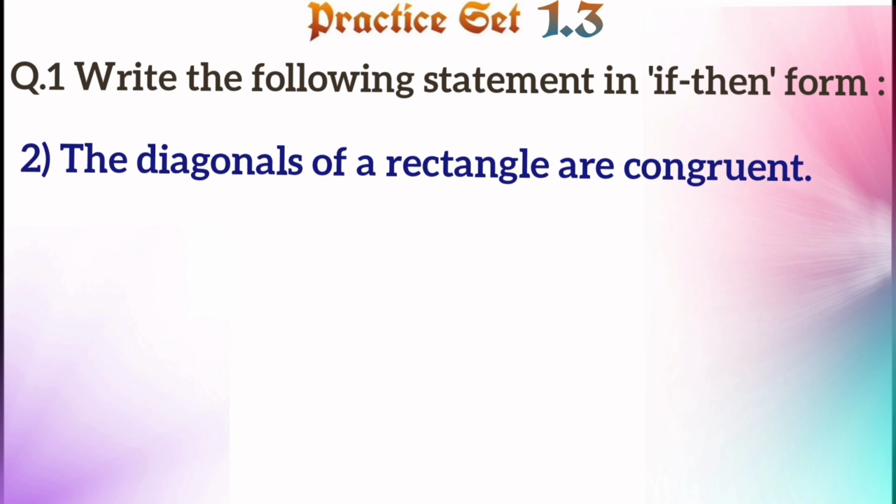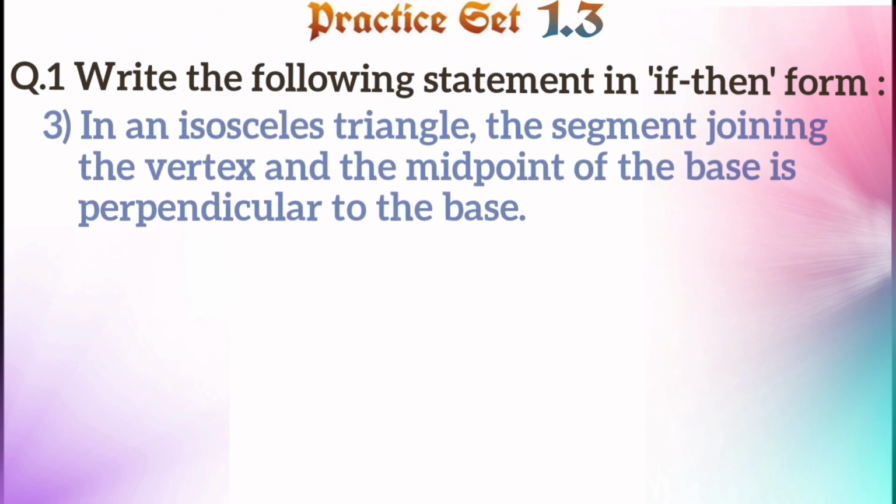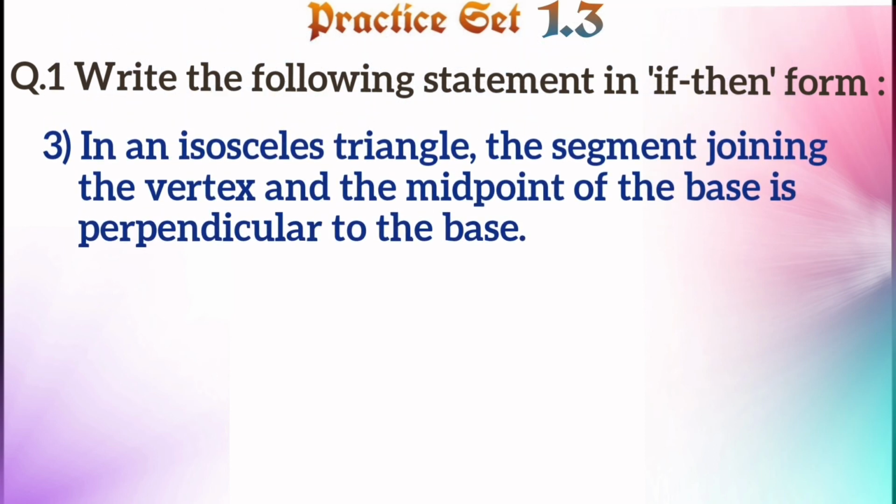Second one, the diagonals of a rectangle are congruent. In conditional form: if a quadrilateral is a rectangle, then its diagonals are congruent. Third one, in an isosceles triangle, the segment joining the vertex and the midpoint of the base is perpendicular to the base.